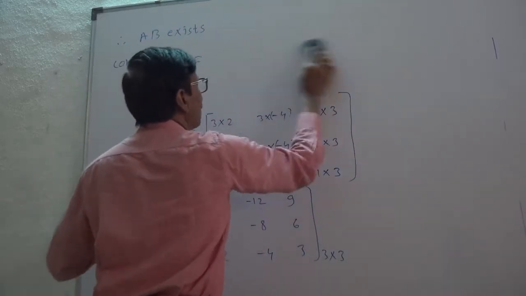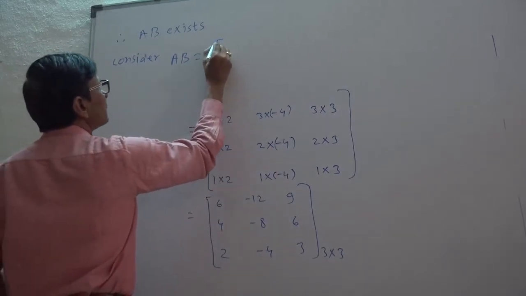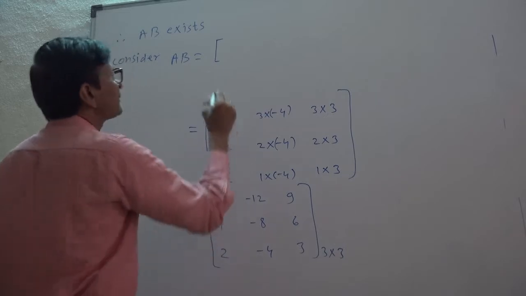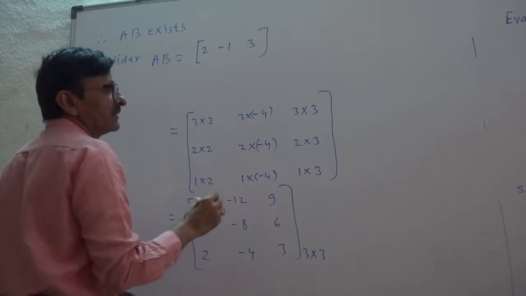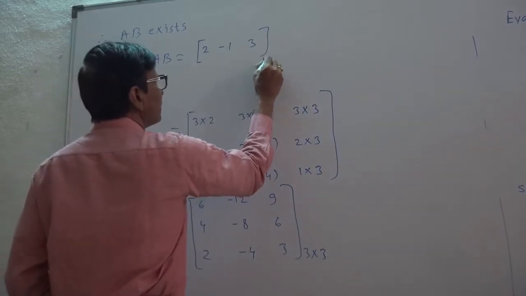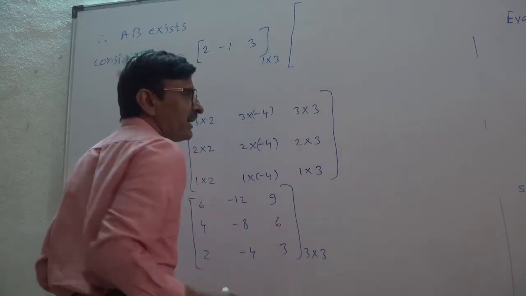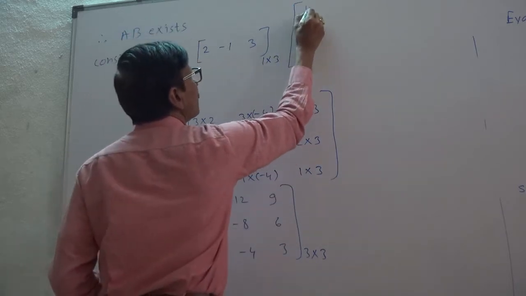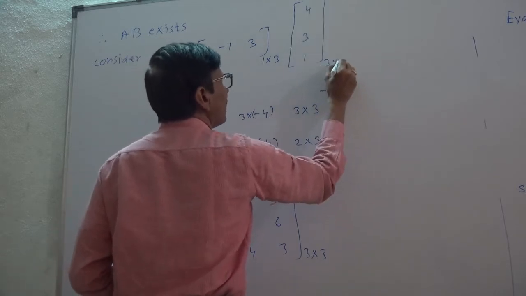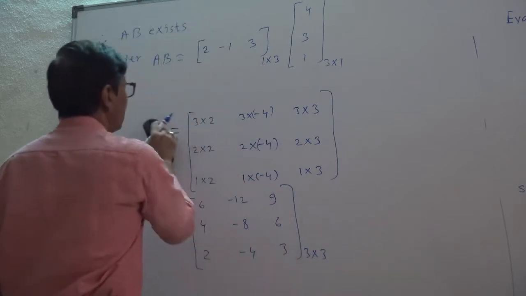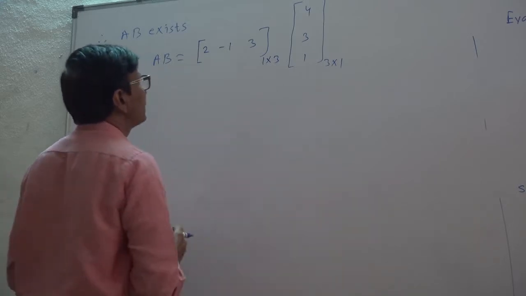Consider now the product AB. A is a row matrix having elements 2, minus 1, 3. Here the order is 1 by 3. Into B is a column matrix, that is 4, 3, 1. Order is 3 by 1. Condition is satisfied.